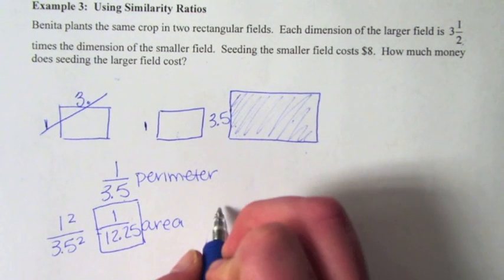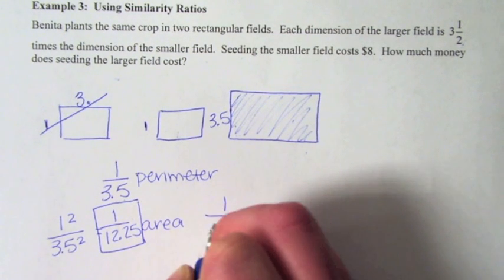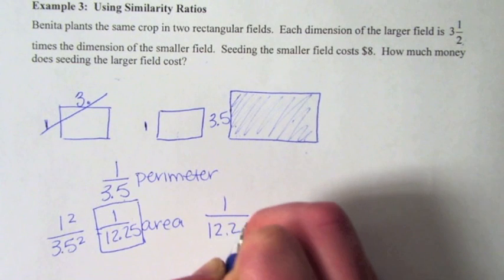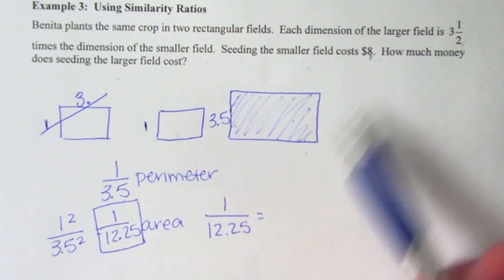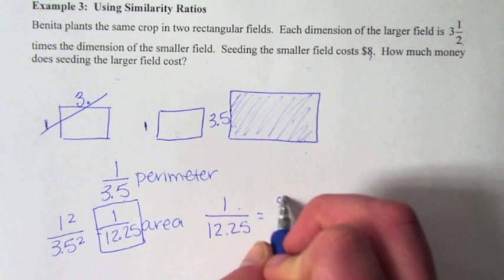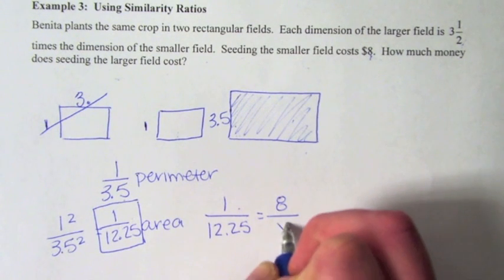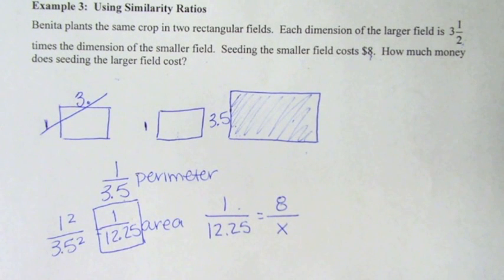Okay, well, let's just set it up in a proportion. 1 over 12.25 is going to be equal to, the smaller field is in the numerator, so 8 over x. All right, we'll just cross multiply and divide.